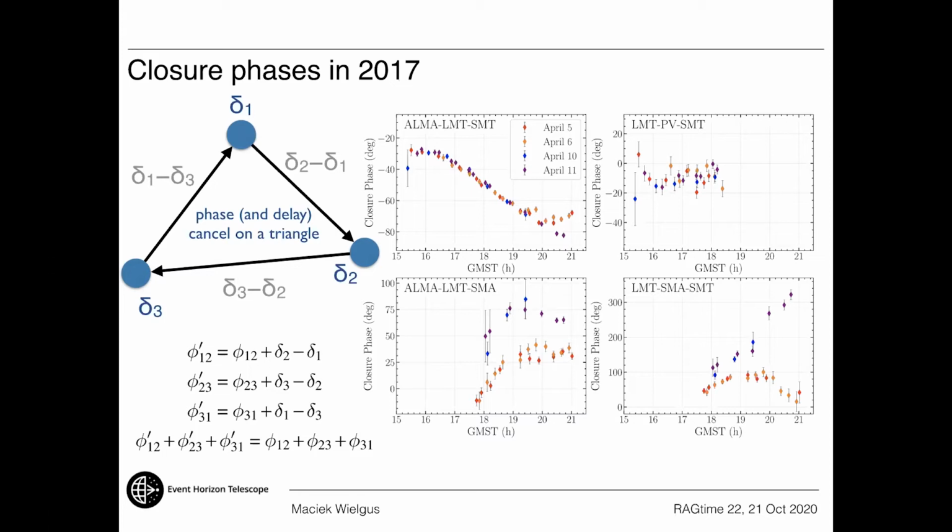You can never work directly with visibility phases. But there is a very smart algebraic trick: you go around a triangle of three stations, take the phases measured on those three baselines, and if you add them in the proper order, you cancel out the station-based influence, which includes the influence of the atmosphere at a single particular station.